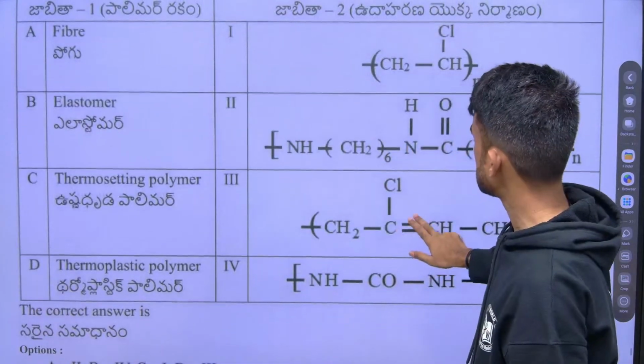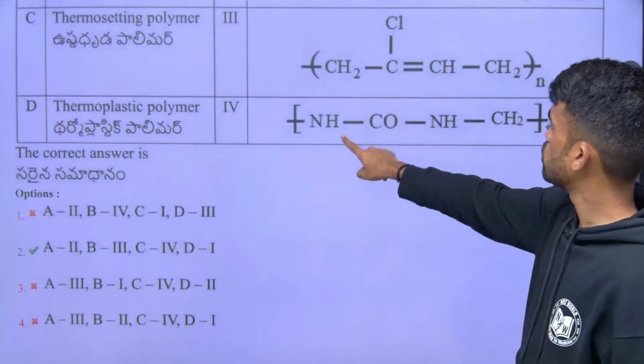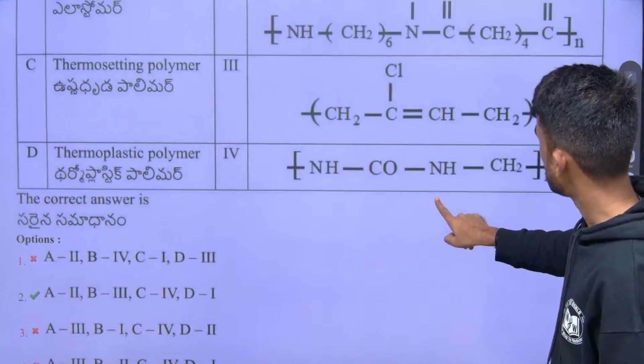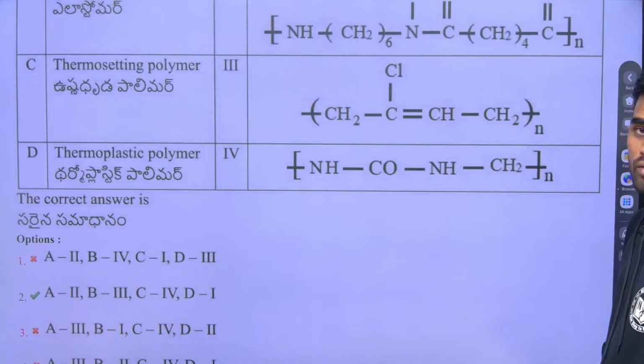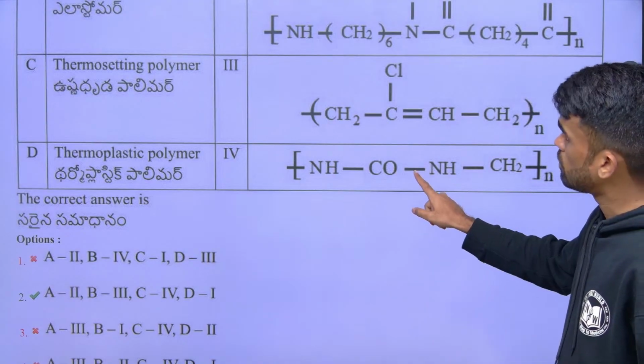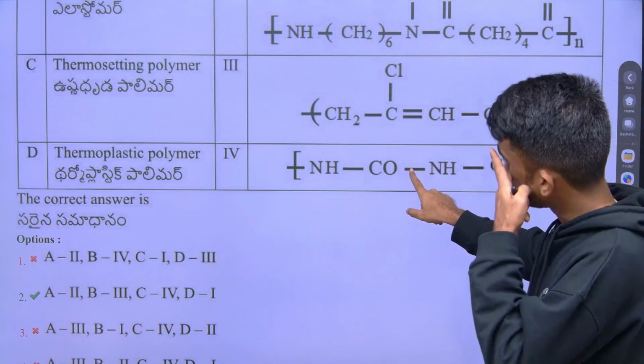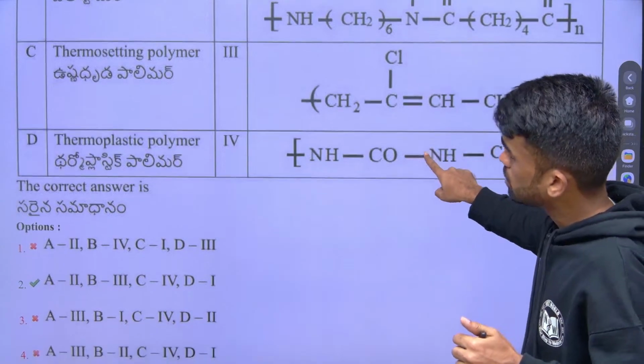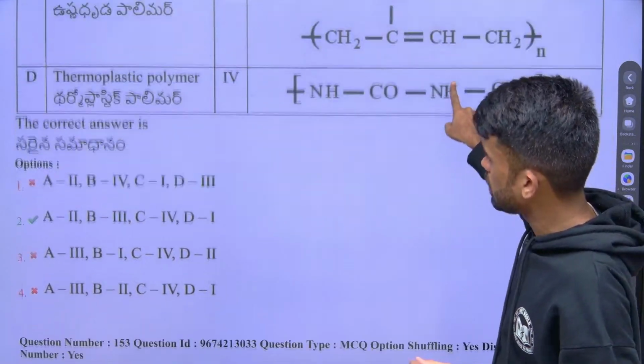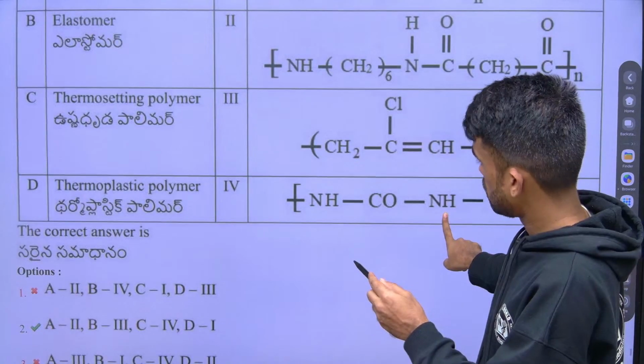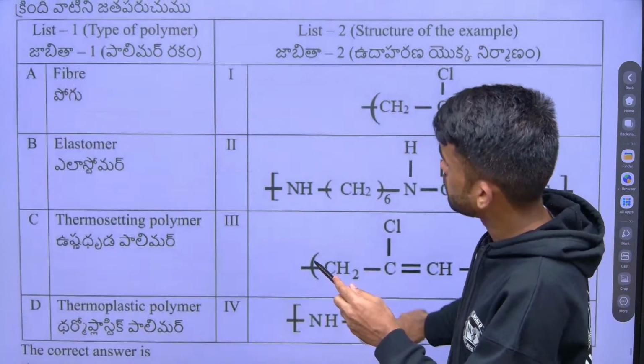Then next, this is urea formaldehyde polymer. This one, urea formaldehyde, will not be reused, right? So 4B4, that will not be reused.